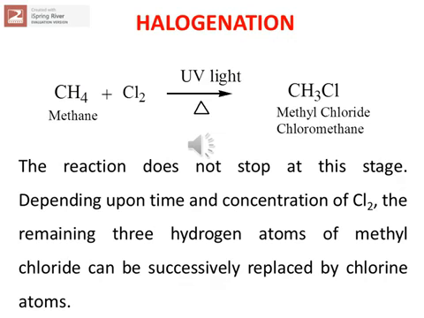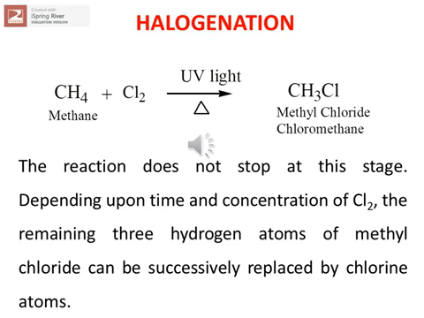Only two covalent bonds are broken, that is, the first one is the C-H sigma bond between the carbon and hydrogen of the methane, and the bond between the chlorine atoms. And two covalent bonds are formed, that is, a bond between a carbon and chlorine atom and a bond between hydrogen and chlorine, called hydrochloric acid.